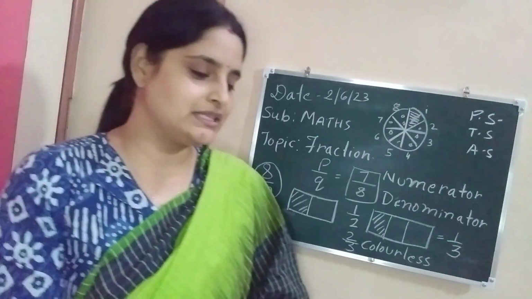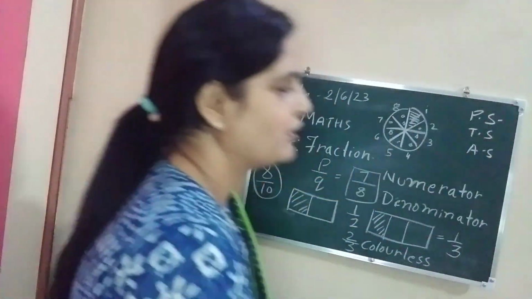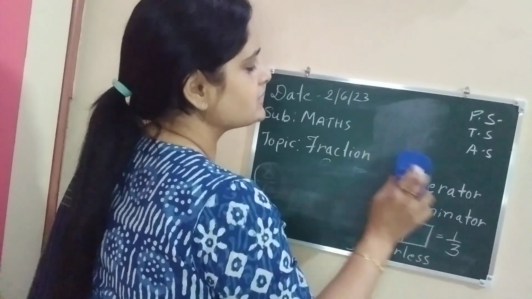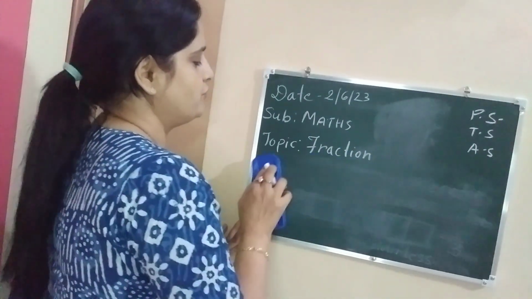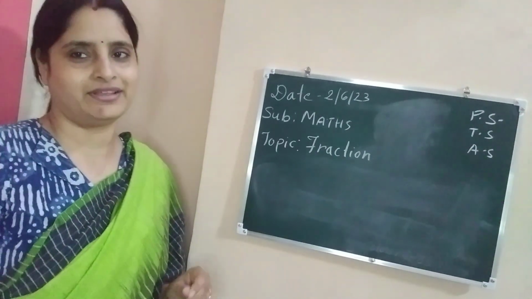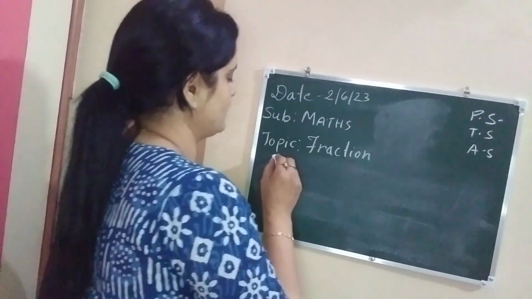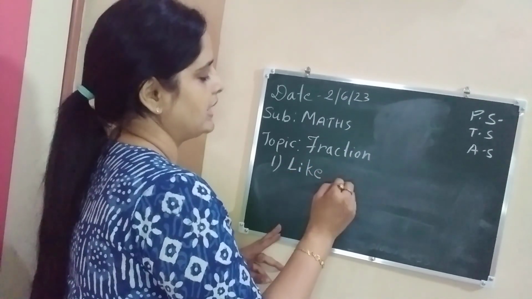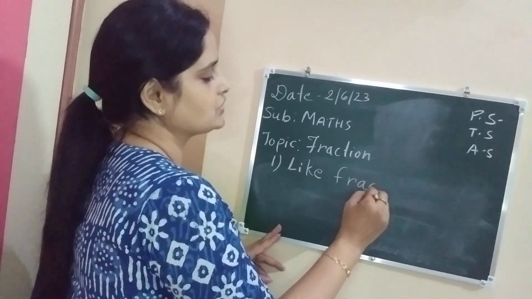Okay. Now let's learn how many types of fraction there are. So basically, my students, we have mainly 3 types of fraction. The first type of fraction is like fraction.